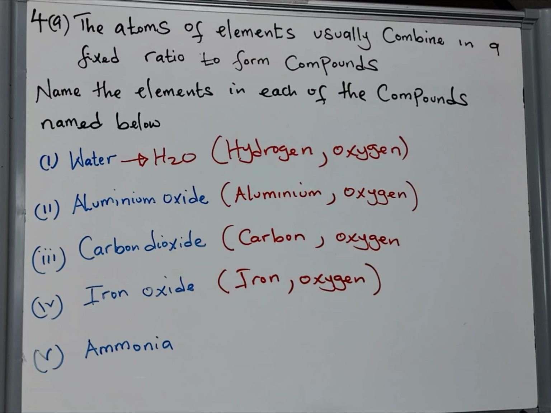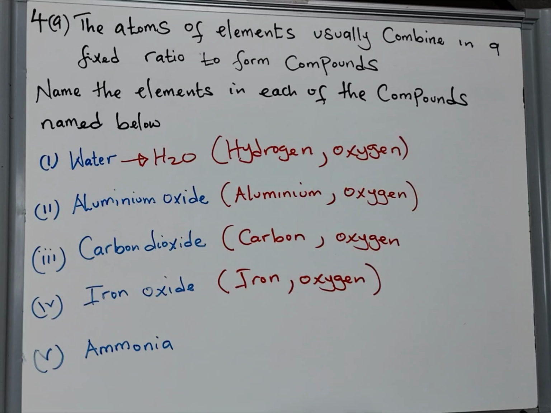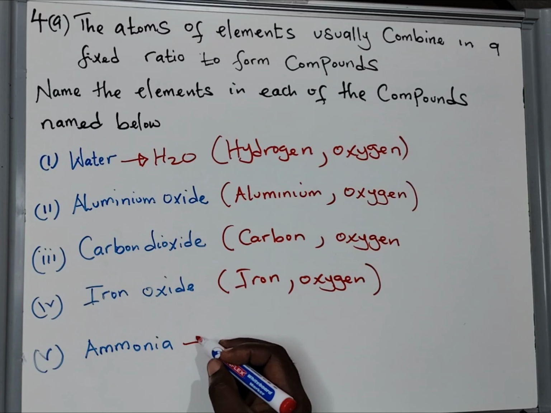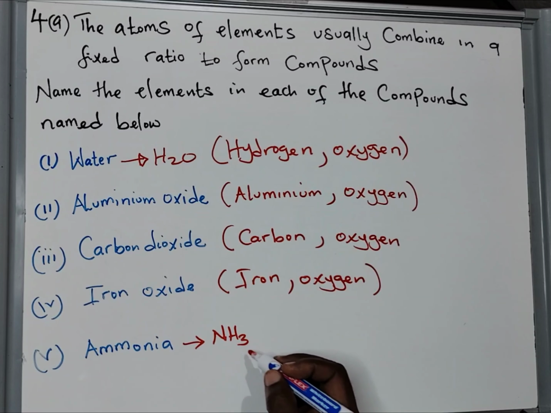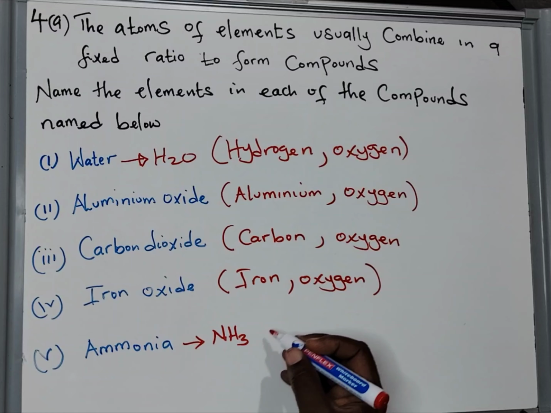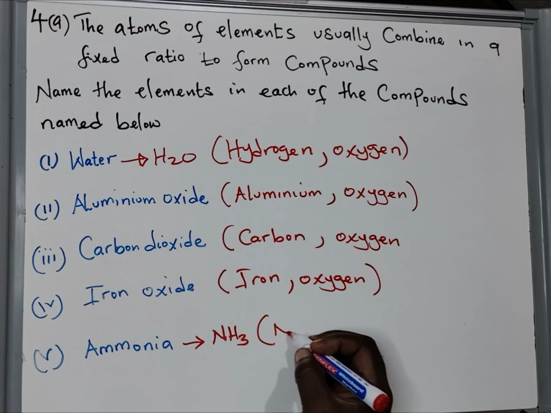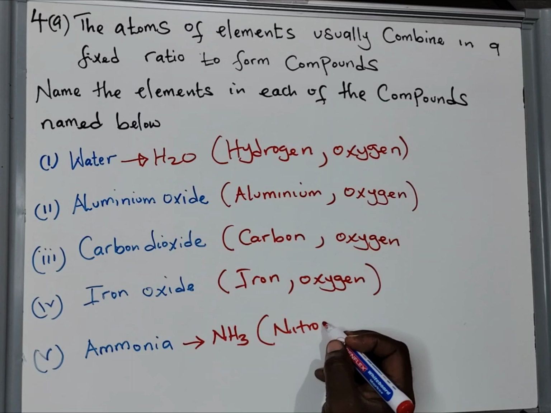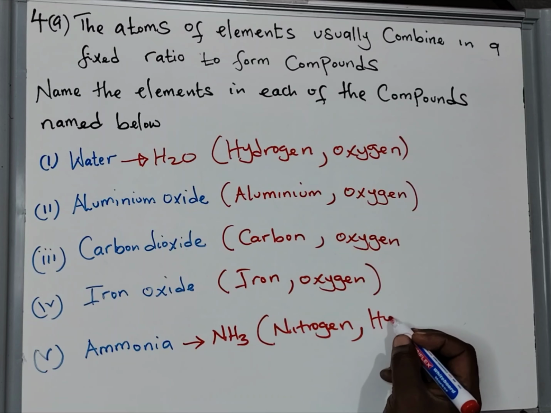Another one which is not easy is this one. It's called by its trivial name ammonia. But in actual sense, its chemical name is nitrogen hydride. If we call it by its chemical name, then we can easily tell that the elements are nitrogen and hydrogen.